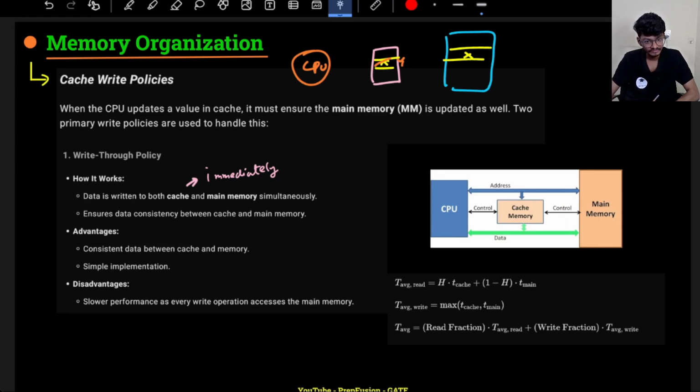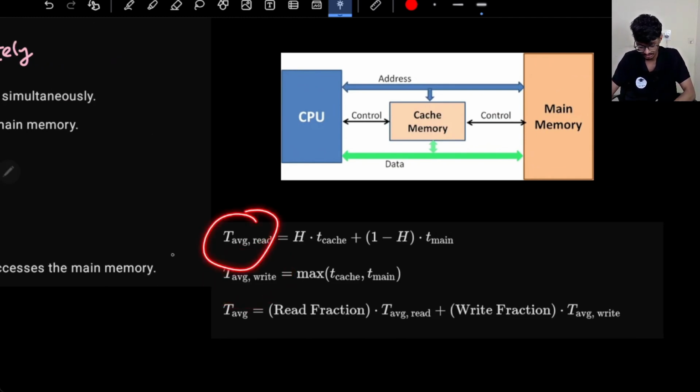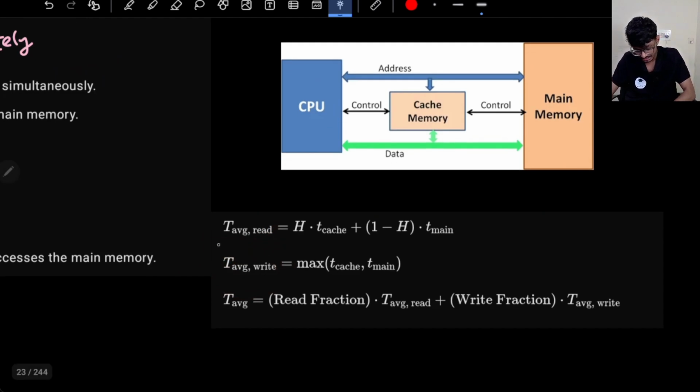Even if there is a hit, we still have to go to the main memory. What do I mean by it? Here, the average read time and average write time are different. The average read time is very simple. It is the same as the previous one because I don't have to modify anything.